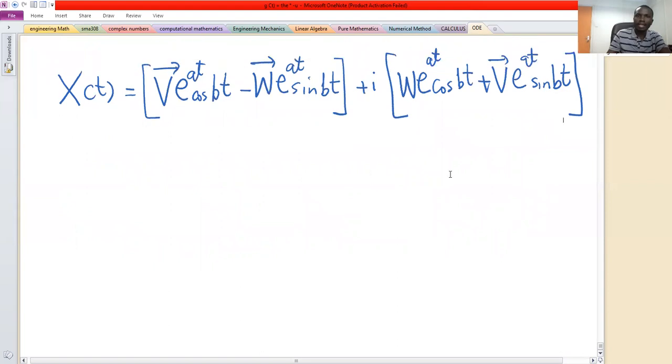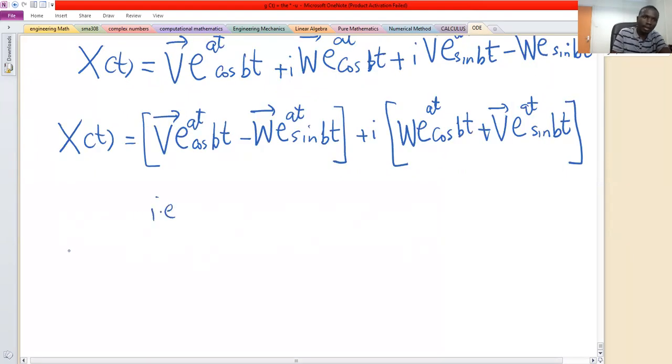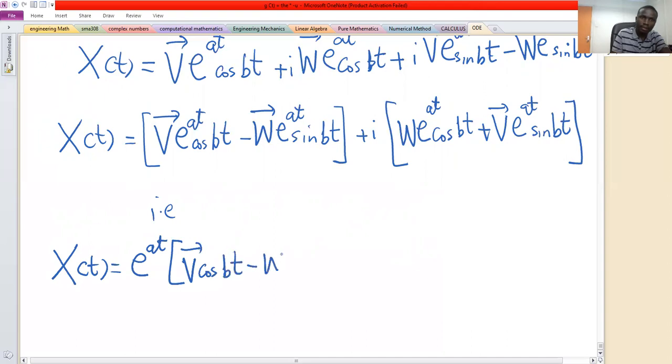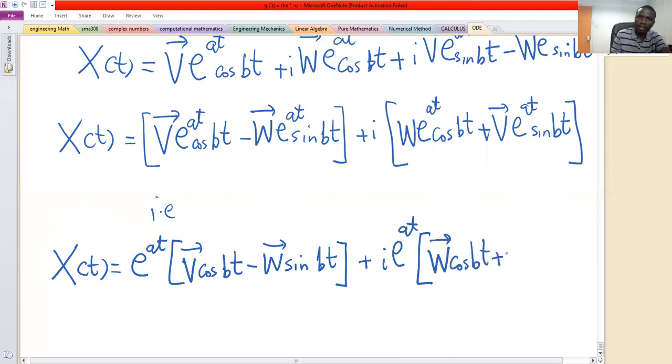Now, because every term has e raised to the power a t, I can write x of t equals e raised to the power a t into (v cos b t minus w sine b t) plus i e raised to the power a t into (w cos b t plus v sine b t).